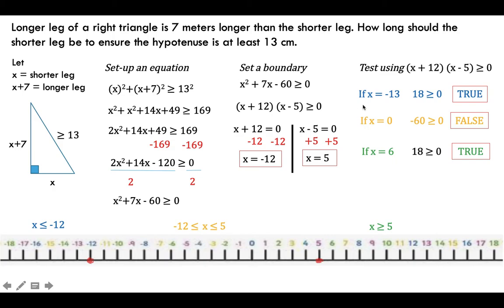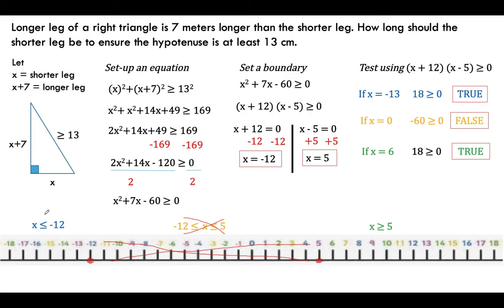So therefore, only the blue inequality and this green inequality satisfy our given inequality. It tells us that the center region does not satisfy it, so the answer cannot be located in this group of numbers.